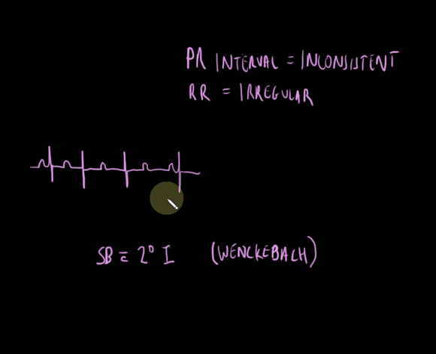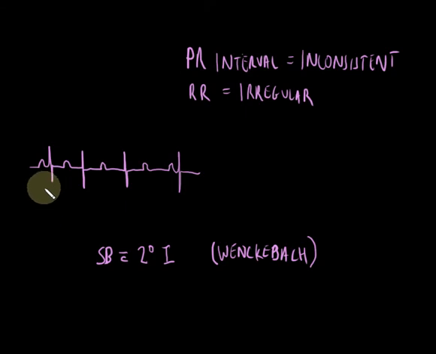And eventually we get to a point where we drop a beat. And then that gives the AV junction time to kind of reset itself. So the AV junction didn't have enough time to let the QRS through, but it did have enough time to let this one go through right when it happens. So that's the pattern that you're going to see.